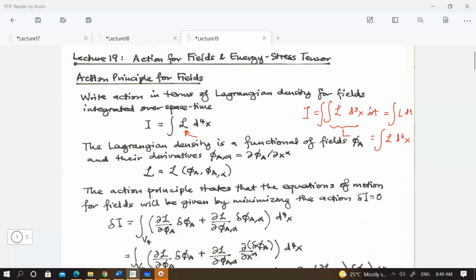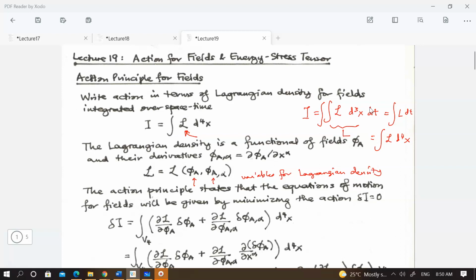And we would like to extend this idea to include fields. So you have your fields over here inside your Lagrangian density as your variables. Remember, but now it's been treated in much more four-dimensional sense.